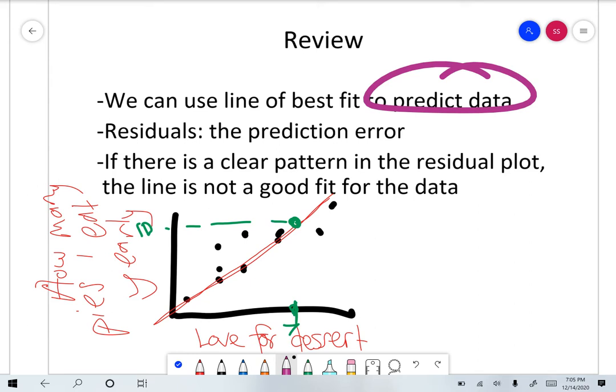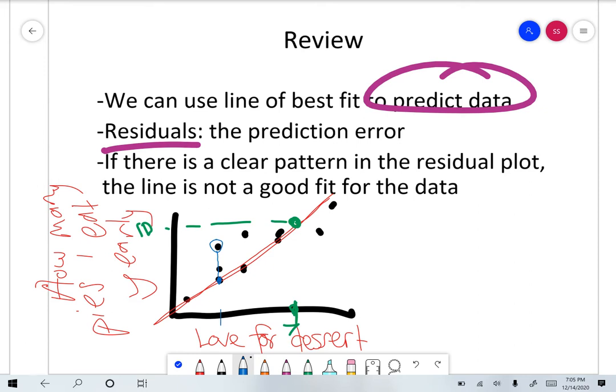Now, residuals are the prediction error, meaning the difference between the actual data point, say this data point, and the data point on the line that we would predict for that variable.